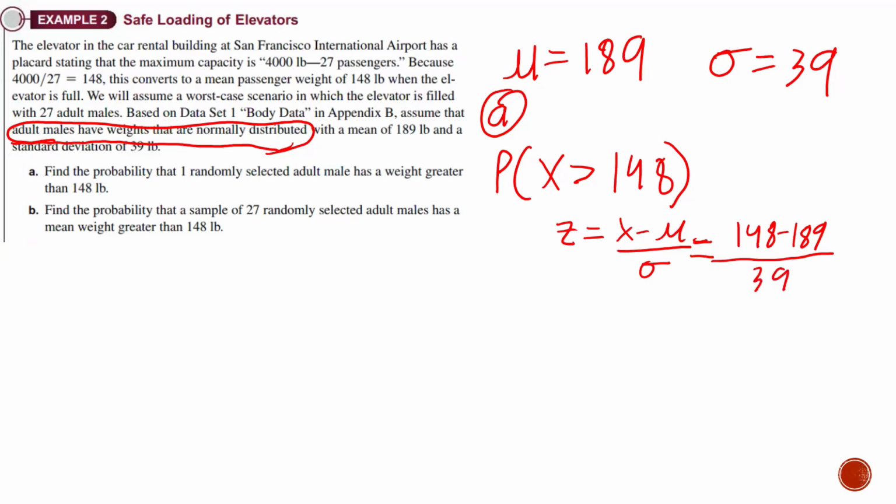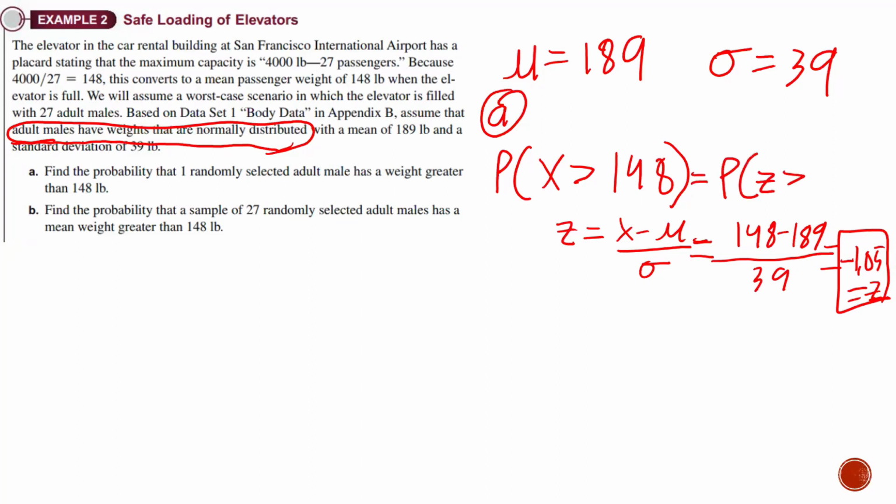You're not the only one, but you have to just wait very patiently, okay? You do this, you will get negative 1.05. That's your z-score.